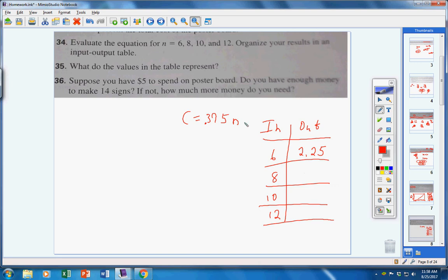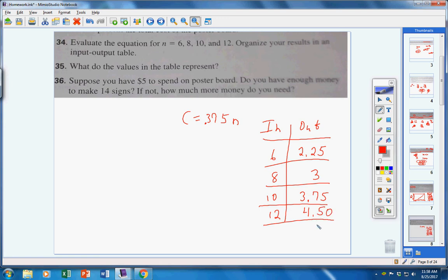Next, we're going to substitute 8 in for n. 0.375 times 8 will give us 3. If you substitute 10 in, you'll get $3.75. And if you substitute 12 in, you will get $4.50.